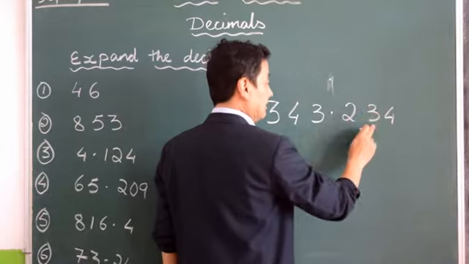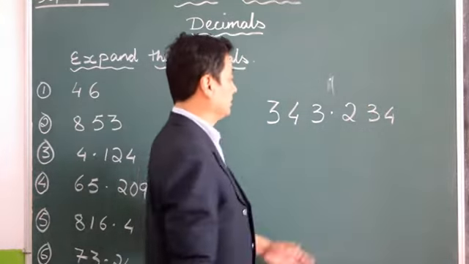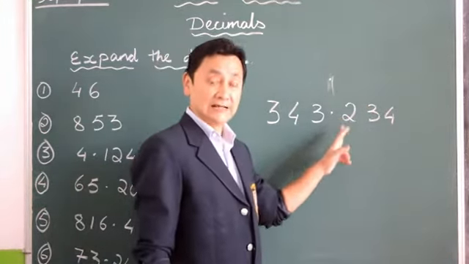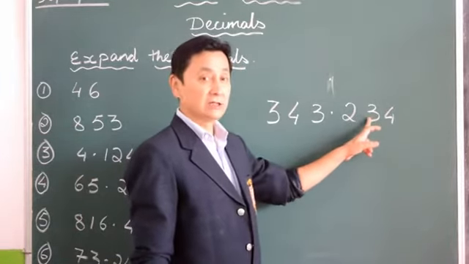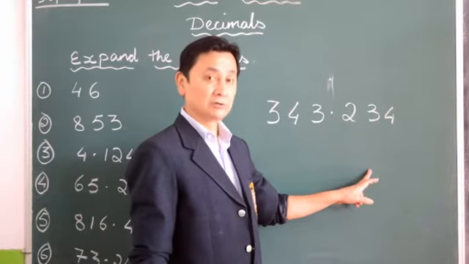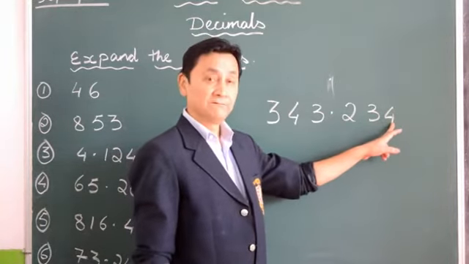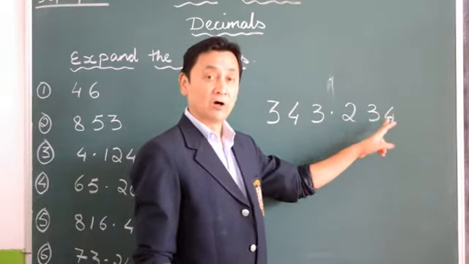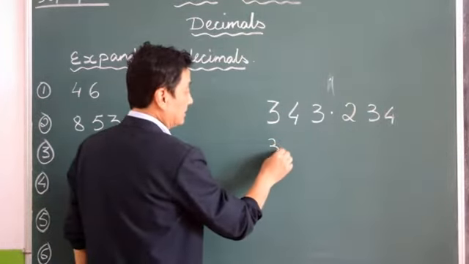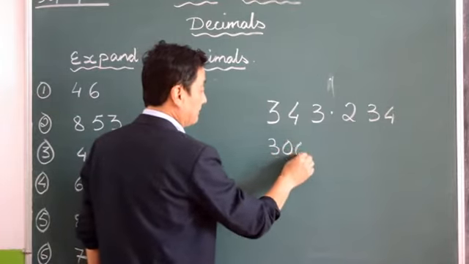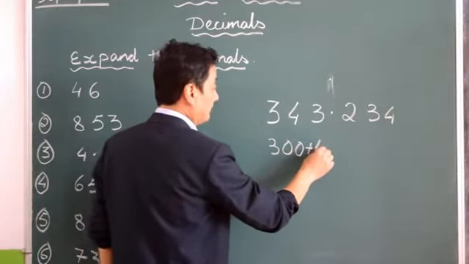Tens, hundreds, thousands. So this is 2 tens, 3 hundreds or 3 upon 100, 4 upon 1000.